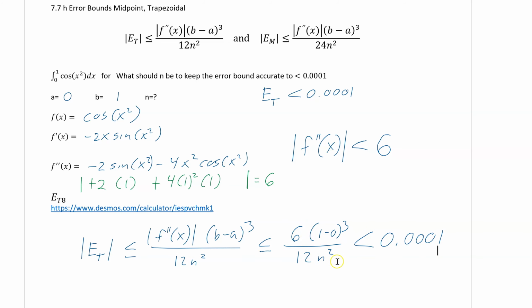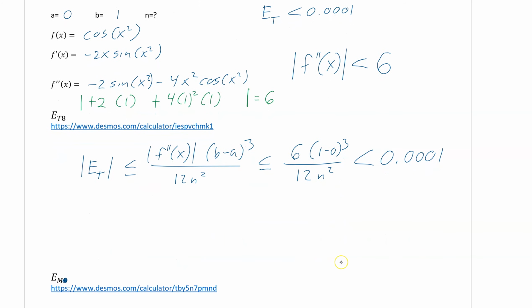So this will become 1 over 2n squared. 2n squared is positive, so multiplying it to both sides would not change anything. So we end up with 1 less than 0.0002 n squared.